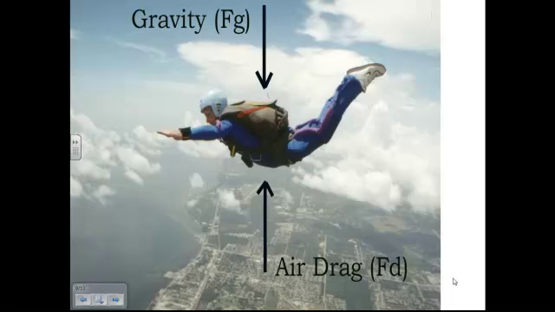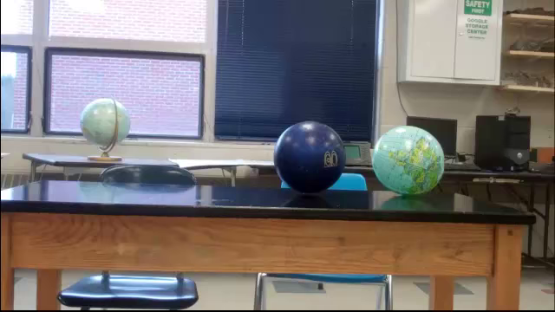You keep going the same speed all the way until you pull the parachute, which might be 125, 135 miles an hour. But your overall speed does not change. You have 2 forces acting on you that balance out and has a net force of 0. So you can be moving at a constant velocity and have a net force of 0 as well.